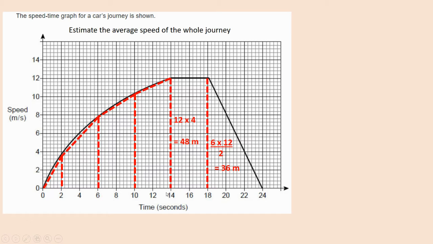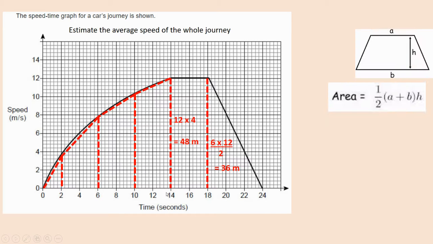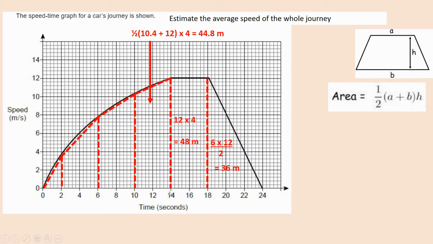Between 10 and 14, the area of a trapezium, remember, was a half times the two parallel sides added together multiplied by the height. So remember, your trapezium's been turned around or rotated at this point, and the two parallel sides is this part and this part here. So it's going to be a half times the two parallel sides added together multiplied by the height, which is going to be the gap between the 10 and the 4.